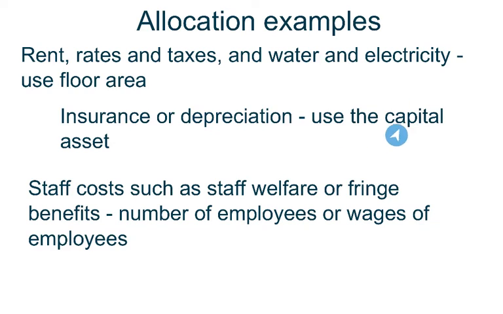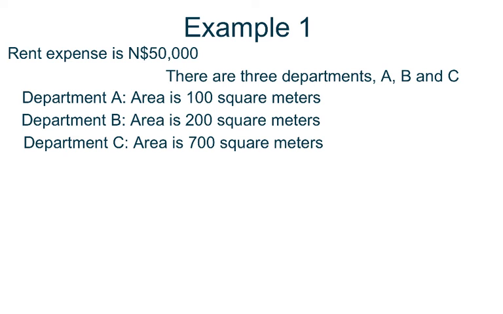So whether it's a printer or a manufacturing machine, we will then calculate the insurance and the depreciation on that machine or that piece of equipment. Then if we look at staff costs, such as staff welfare, then also fringe benefits, then we will look at the number of employees.